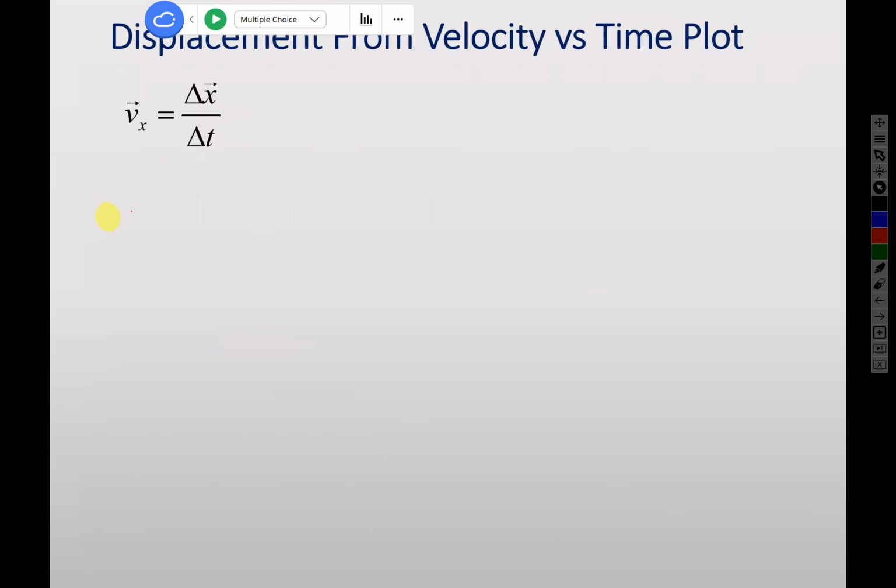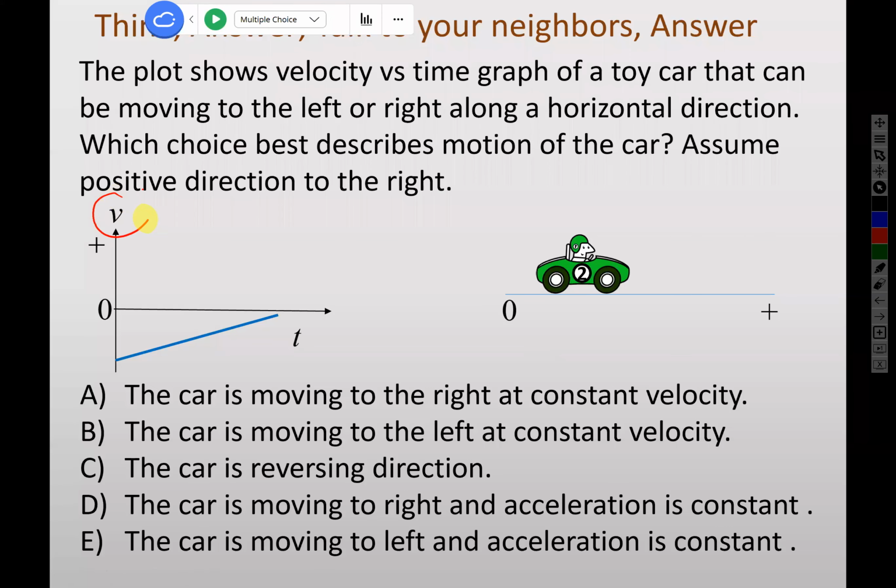So the velocity versus time graph is there, okay? I see velocity is on the, so this is the positive side, and this means that's the negative side. That's what I see here, okay? So now let me open the poll, and you have 1 minute and 30 seconds to answer this.